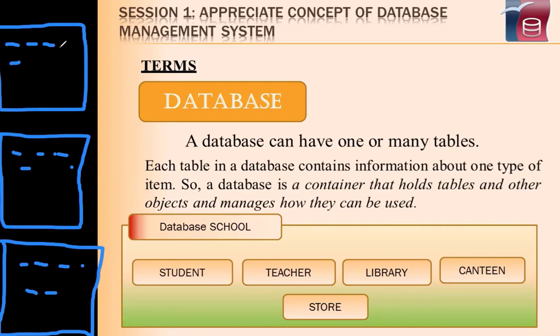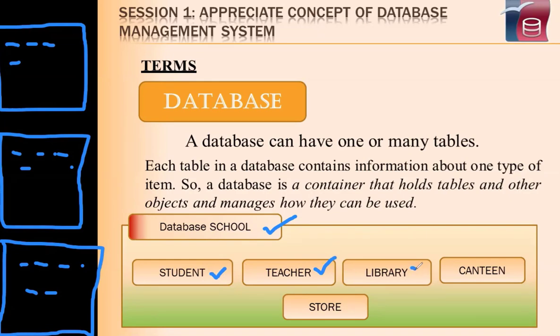You can add records to this table. You can create new tables if you want. So for example, over here, I have given you the database of the school. Normally, a school database would have different tables. One table could be for the student. One table can be for the teacher's details.